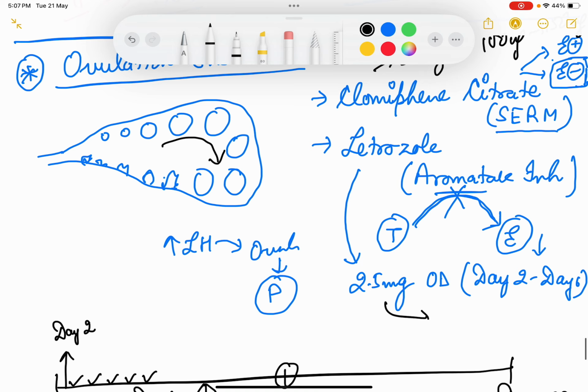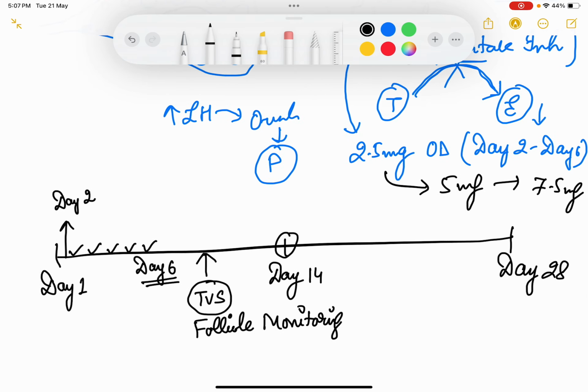Similarly, letrozole dose can be increased from 2.5 to 5 milligrams, and then a maximum of 7.5 milligrams can be given. So, this is called the stepping up regimen. In the step up regimen, we keep on increasing the dose until we get ovulation. Okay, so until the patient ovulates, we will keep on increasing the dose.